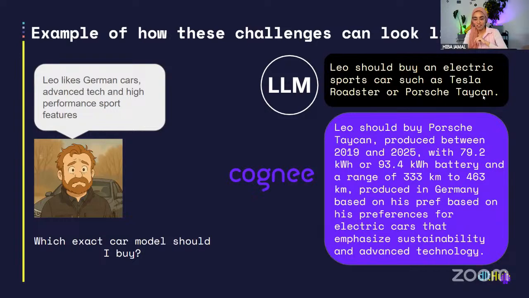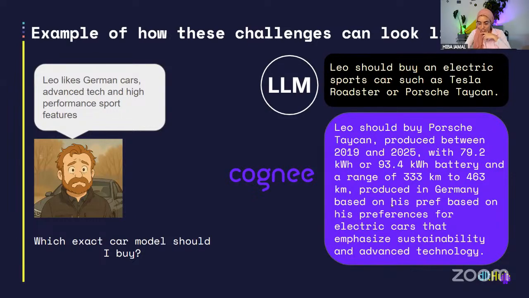Excuse me if I have butchered those names, but compared to that, Cognee would be much more precise since it has different connections within the nodes, and it would be precise on which car produced between 2019 and 2025, with precise kilowatt hours, with battery, where it's produced.